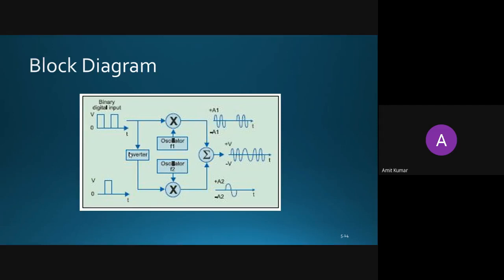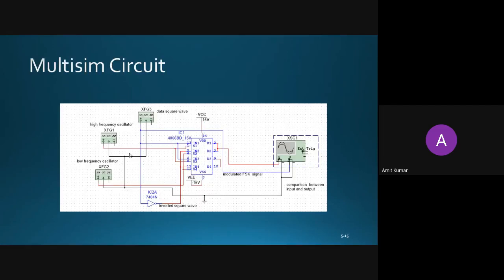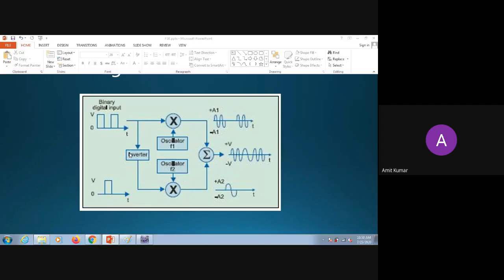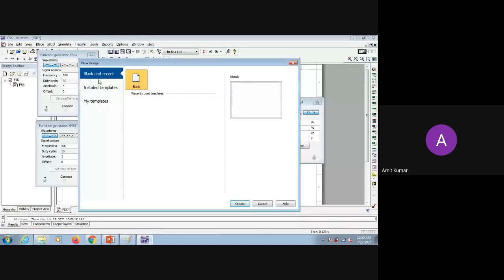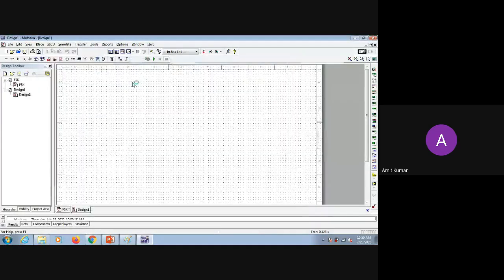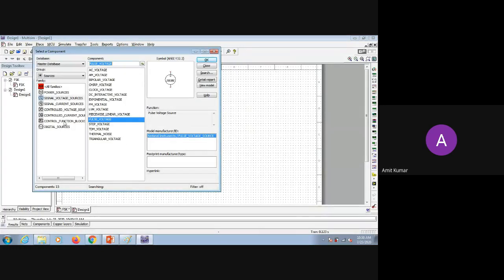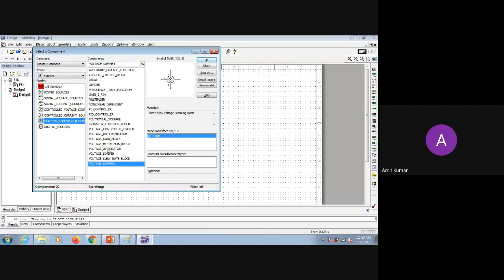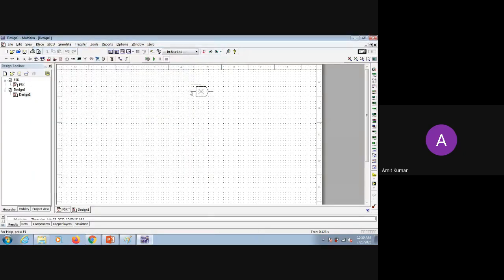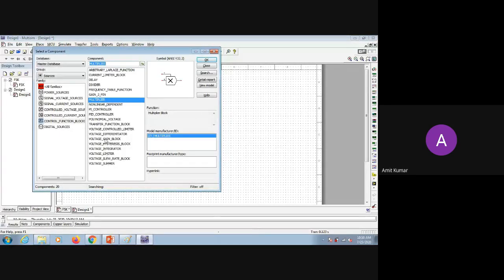Okay, so we move to building the circuit. Before building this circuit, we will build the block diagram in Multisim. We need a multiplier block, which will be available here. First multiplier, second multiplier.